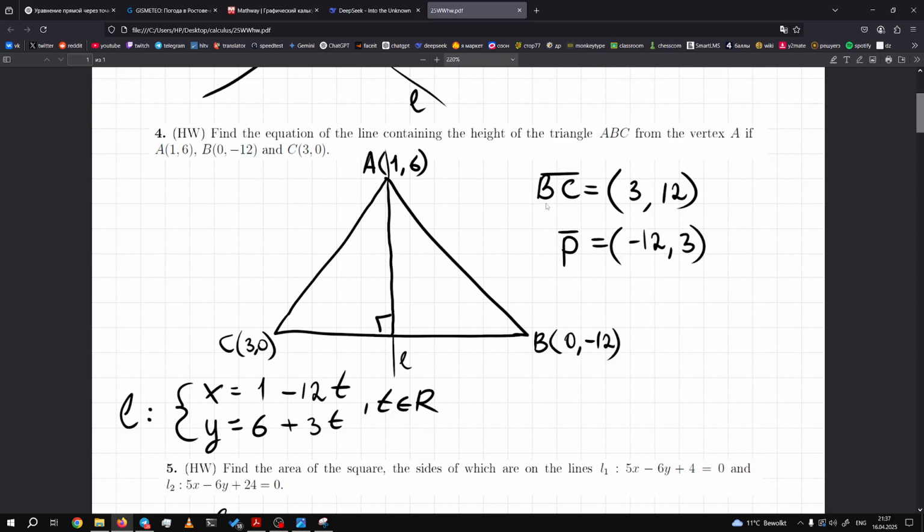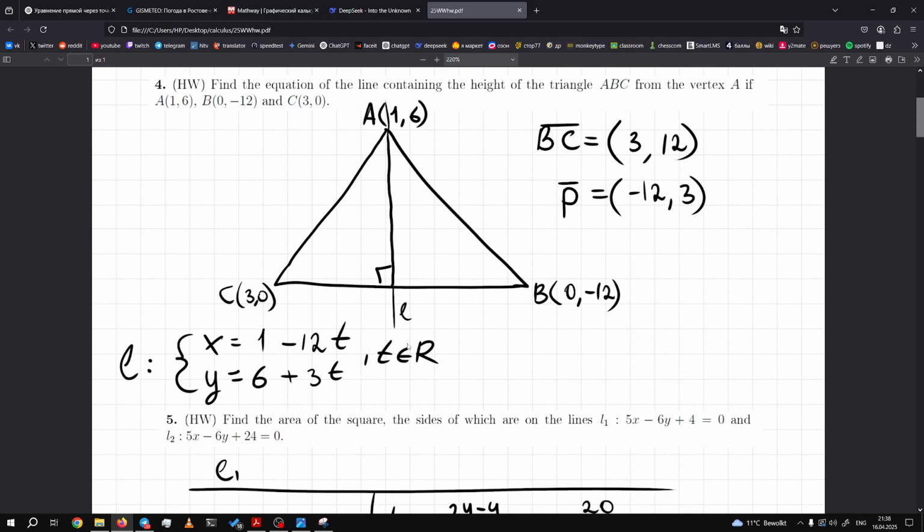You can just find BC, which is equal to 3, 12, and this is vector BC, and you need the equation of this line. So you already have point A, and you need a directional vector. The directional vector is orthogonal to vector BC, so you find it and write the equation.